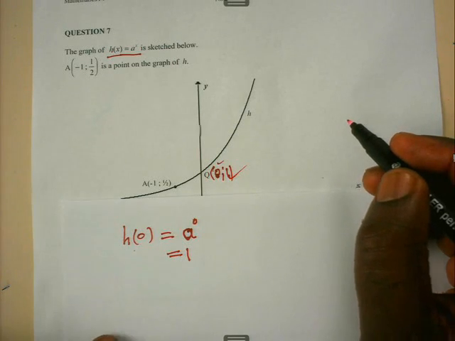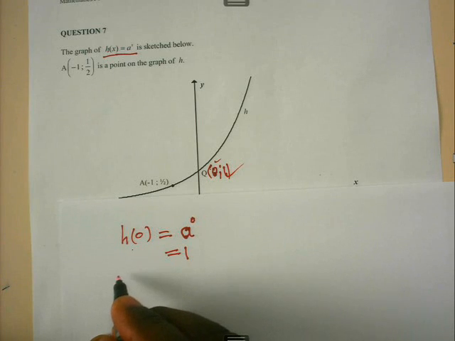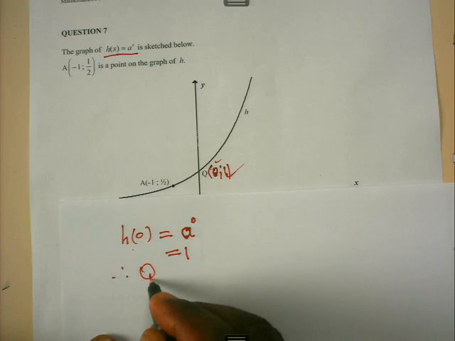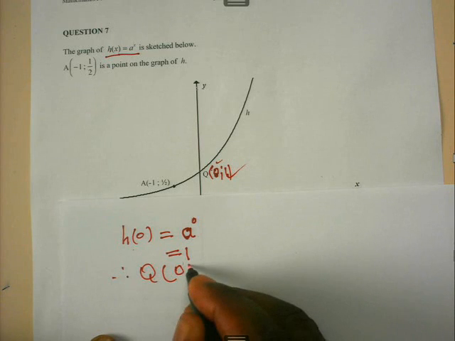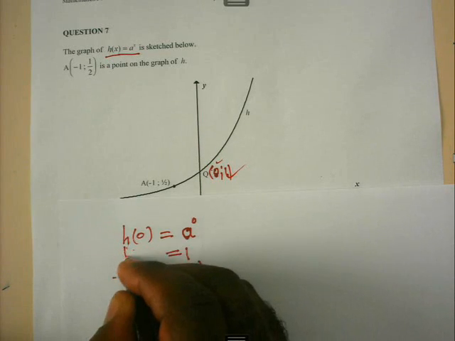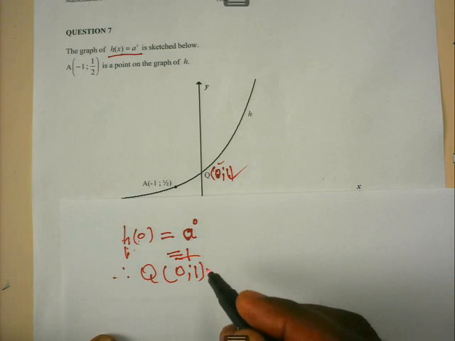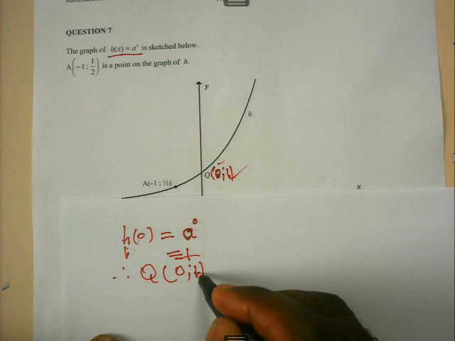So I have done this by calculating, and therefore I can say that the coordinates of point Q indeed are 0 and 1, since my h of 0 has given me 1, which is my y.